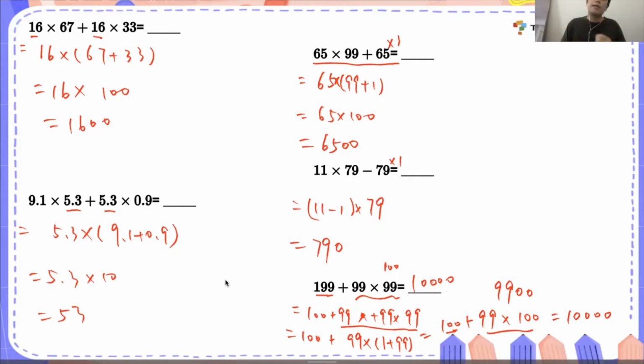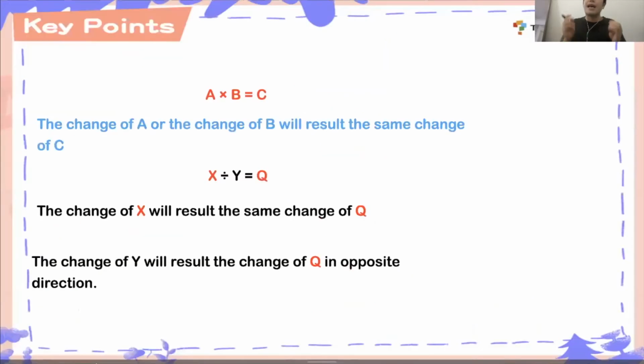Okay, and the next part, we should review what we learned in day 2. So in day 2, we learned something about product and quotient, right?